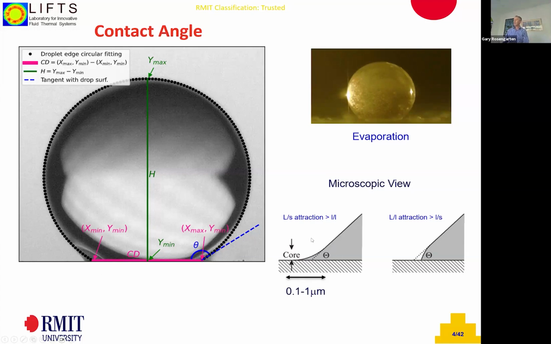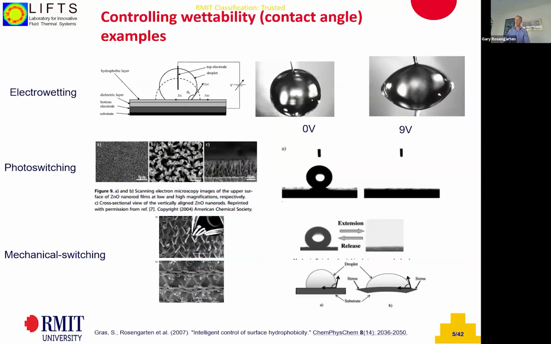So that microscopic view of that interface, of even a sessile droplet or even a spreading droplet, changes that real contact angle, which is important in some things like I'm sure Professor Stefan might have talked about in his talk, or some other people. So it's just something to be aware of. But the macroscopic contact angle gives you a good idea of the overall surface properties. Of course, there's receding and advancing as well.